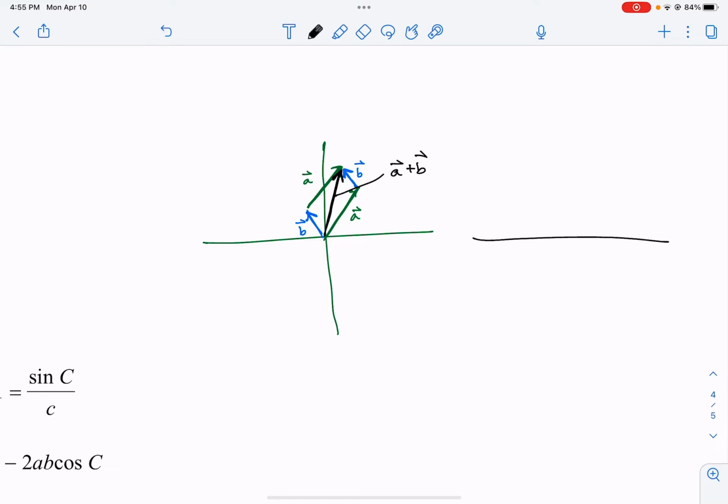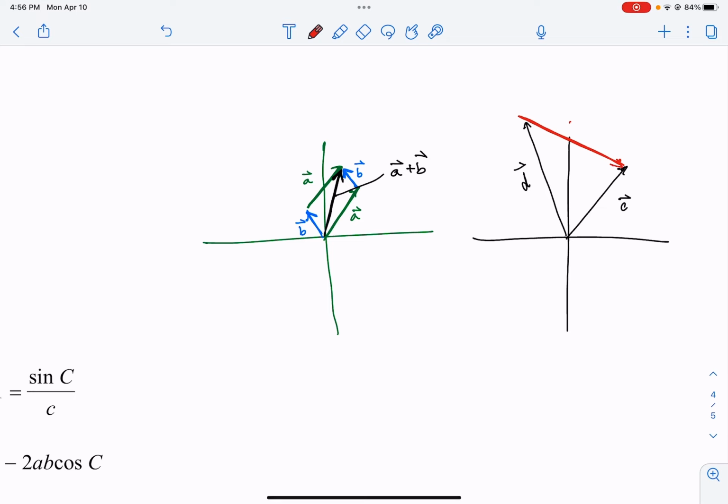For subtraction, it's a little different, although it still follows the same idea. Let's say this is vector C, and let's say this is vector D right here. If we're trying to find vector C minus D, what is that going to look like? It's going to look like this red vector.